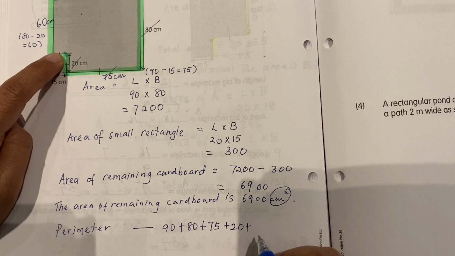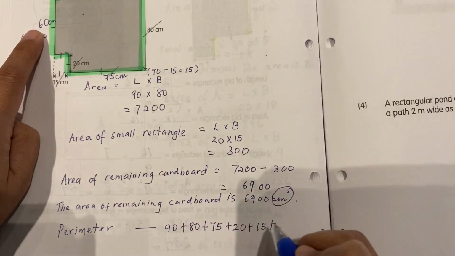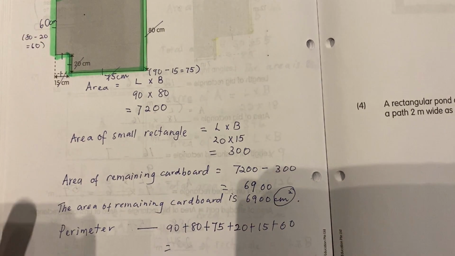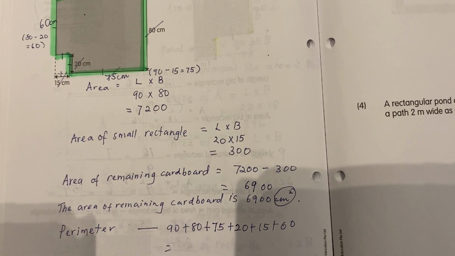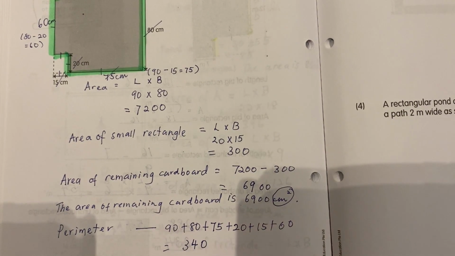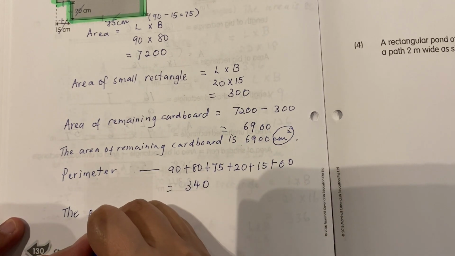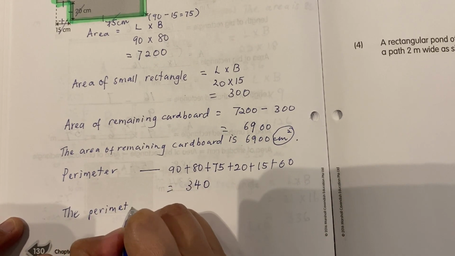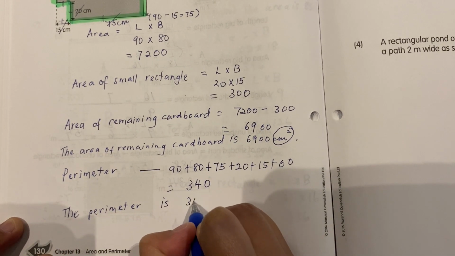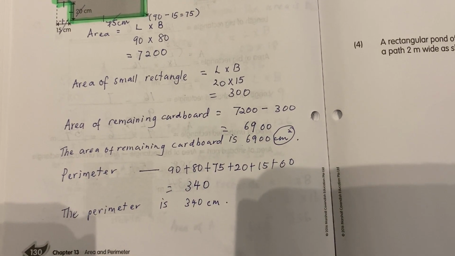Plus here, that's 15. Plus 60. So when you add all this up, you will get 340. So you write down the perimeter is 340 cm. Full stop. Okay?